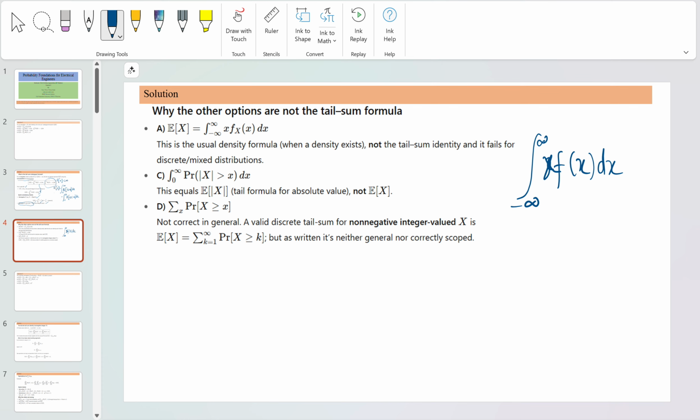Option C is not the expectation, but a tail formula for a partial value, not the complete one. And the last option is also not general. A valid discrete tail sum for non-negative integer values X is the expectation of X equal to the sum from 1 to infinity of probability of X greater than or equal to k, but as written it is neither general nor correctly scoped. That's why option B is correct.